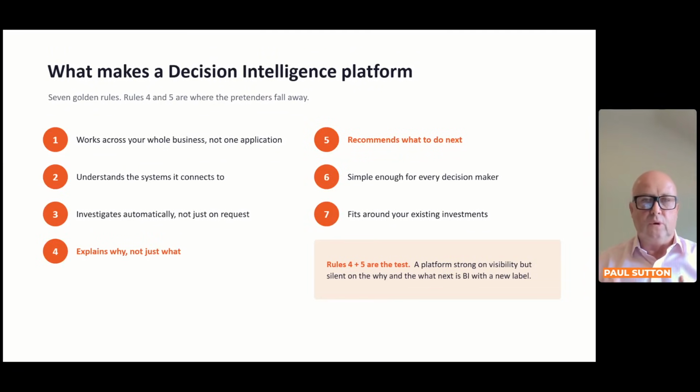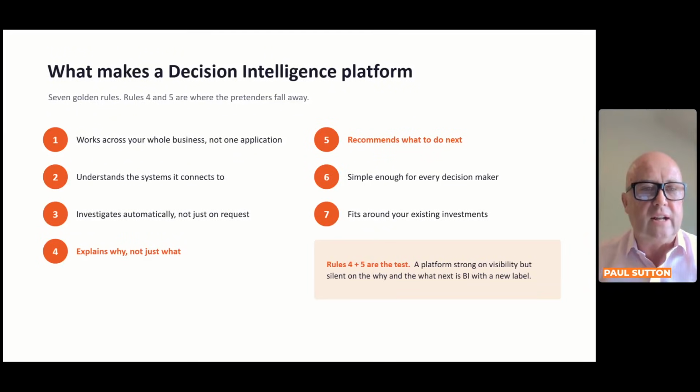What the platform needs to do immediately is serve up: this is what's happened, this is why it's happened, and then make recommendations as to what you can do next. So to empower the decision maker: this is your next action, and if you make that next action, this is likely what will come from it, et cetera.